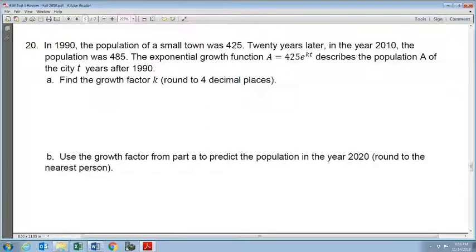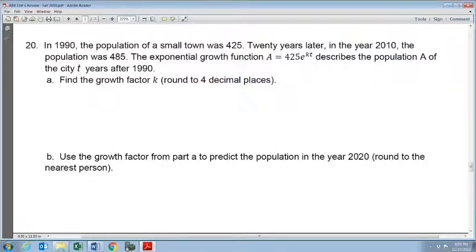All right, let's do this last problem, and then we'll stop this video. So it says in 1990, the population of a small town was 425. 20 years later, in 2010, the population was 485.